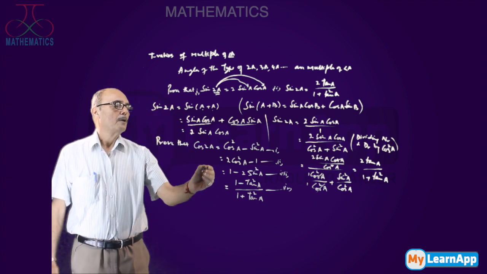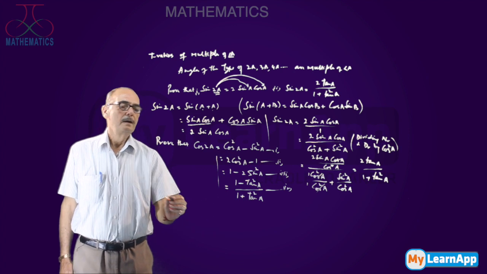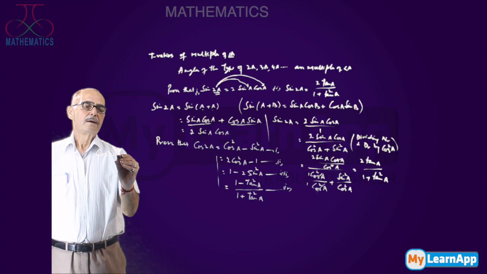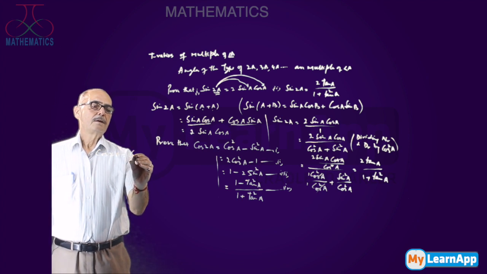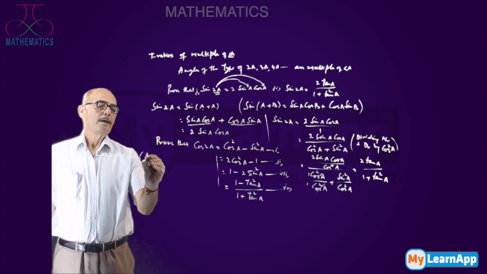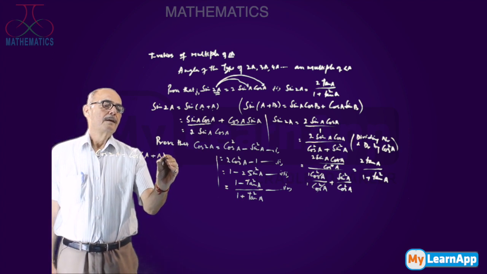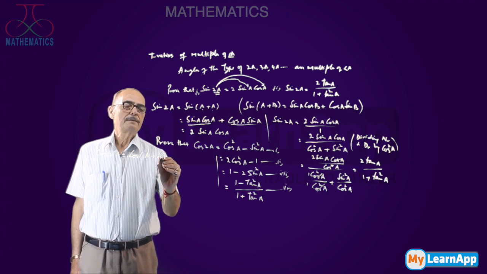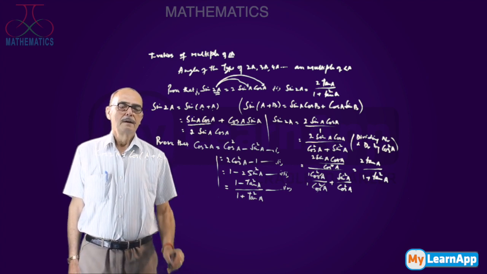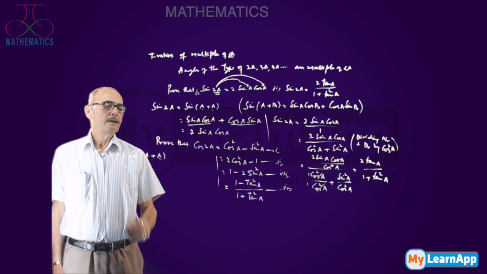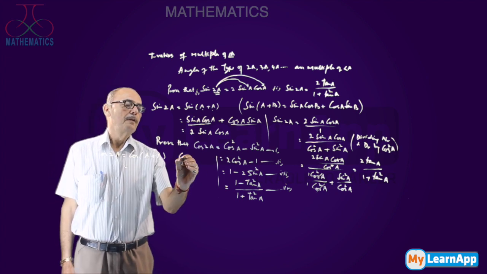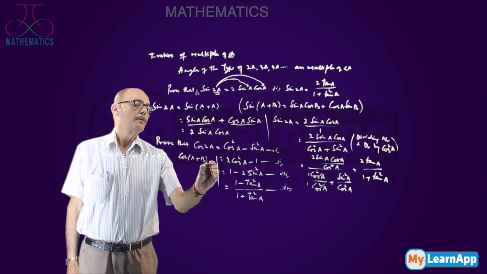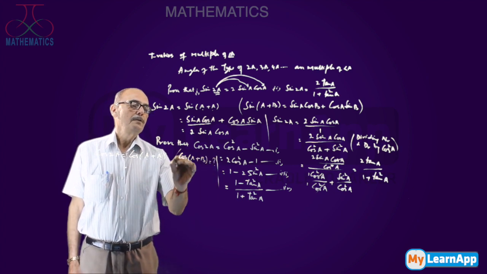Well, to prove this result, we again start with cos of 2A. This is cos of A plus A. Now, this is the first angle and this is the second angle. Make use of the formula cos of A plus B, this formula.